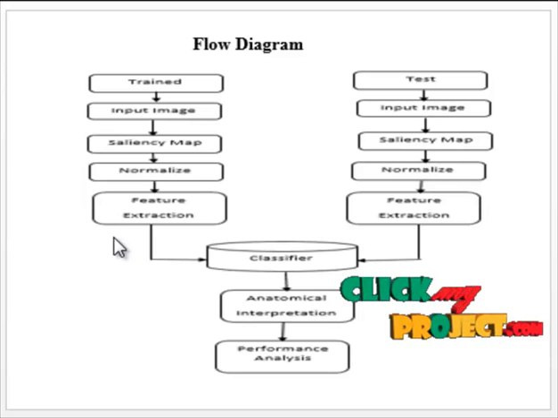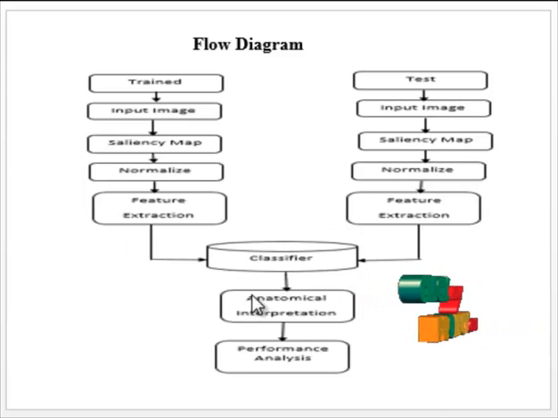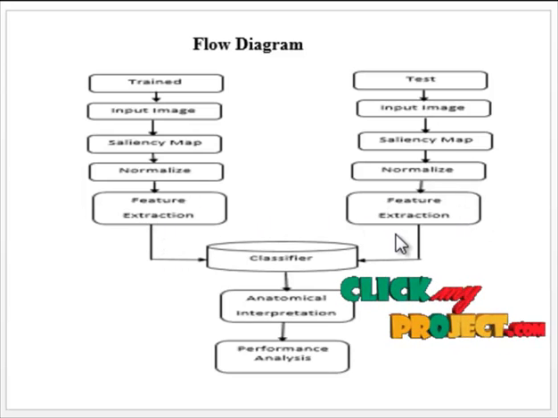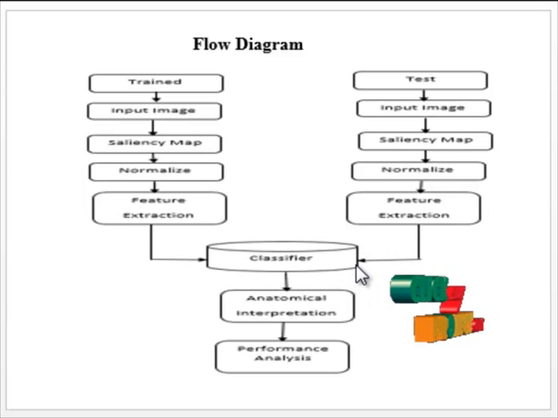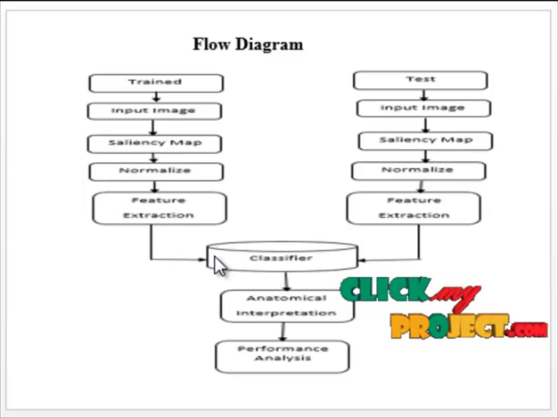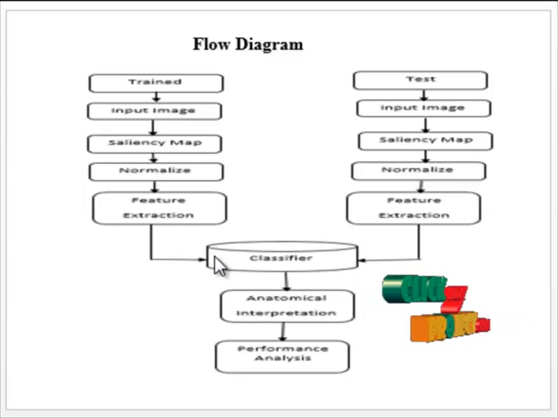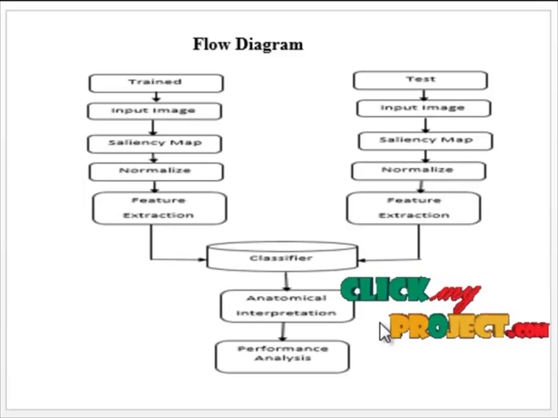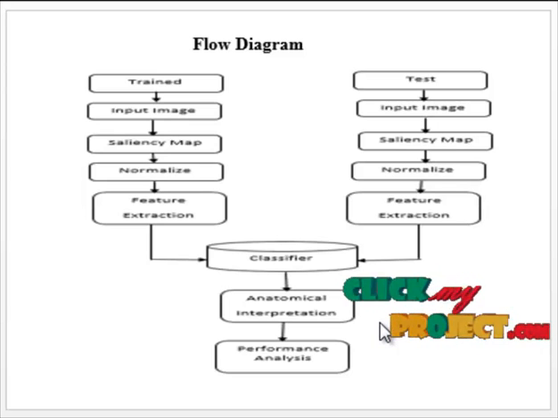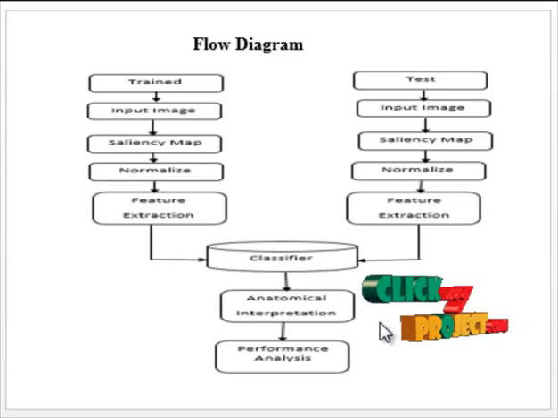After getting the features, we combine the database features and the test features using the SVM classifier, and the classifier will provide labels for the images. Using the labels, we identify the anatomical interpretations. In the anatomical interpretations, the red regions are associated with pathologies and the blue regions are associated with normality.